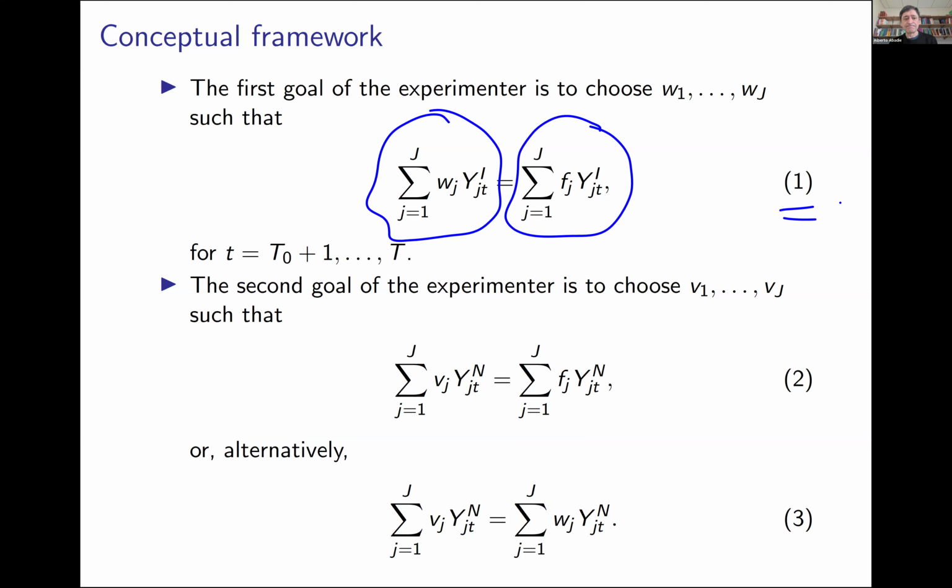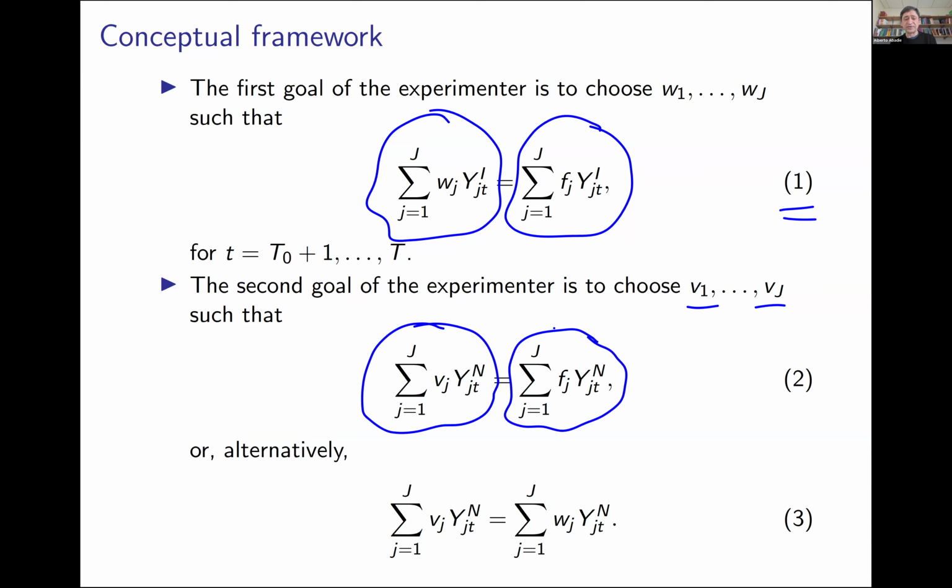Okay. The second goal of the experimenter is about choosing the V's, and you can think about it in 2 possible ways. The first one is very similar to 1. Let's take the average outcome for the synthetic control. I would like that it is the same as the average outcome without the treatment in the population. So that would also be nice.